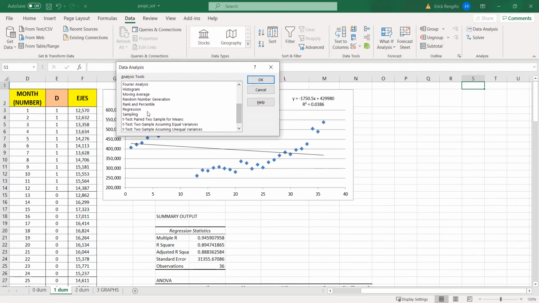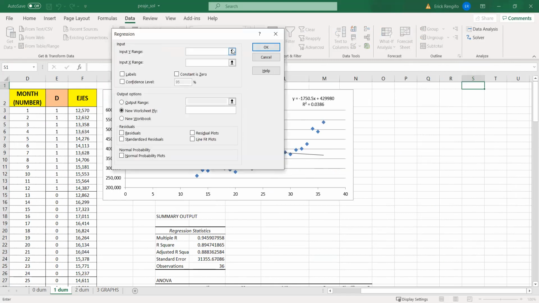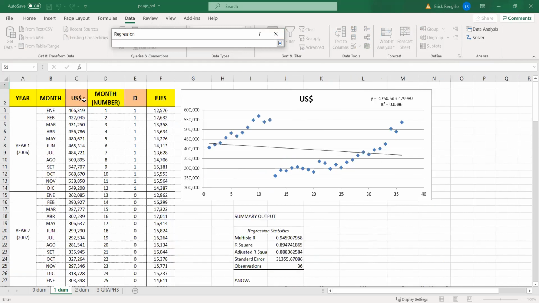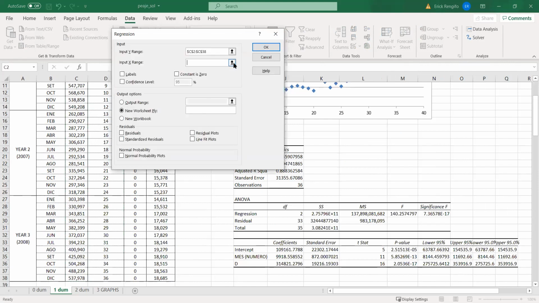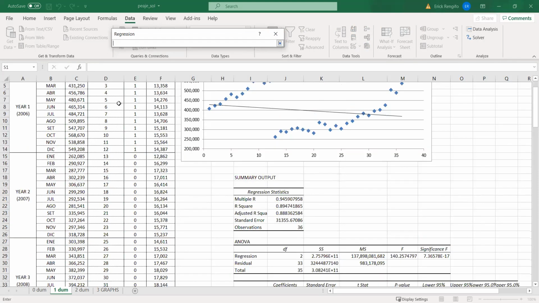Of course, in EViews, you do this differently. And then what is my y variable? My y variable is the US dollars. So it's all this part here. And what is my x variable? My x variables are going to be these two things.